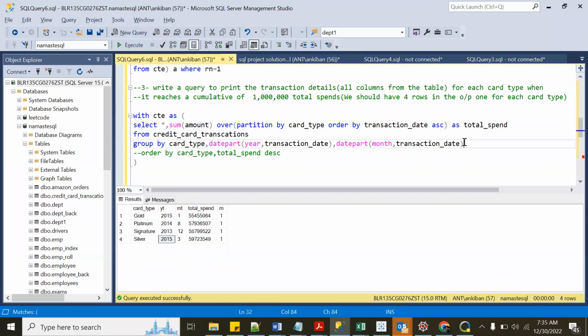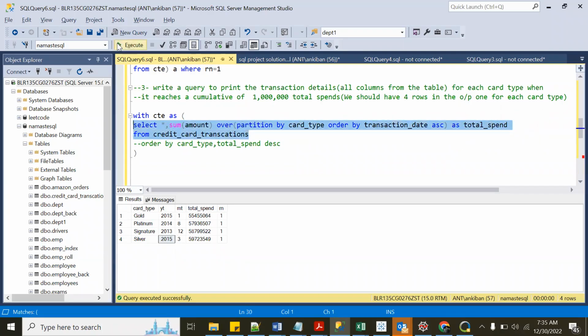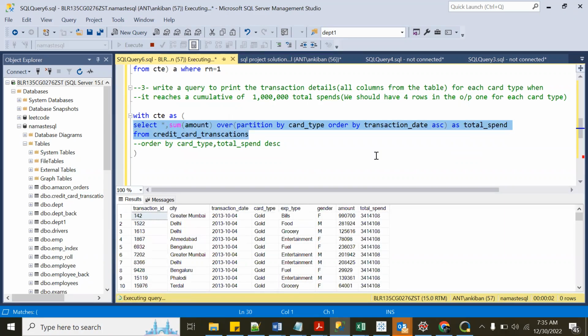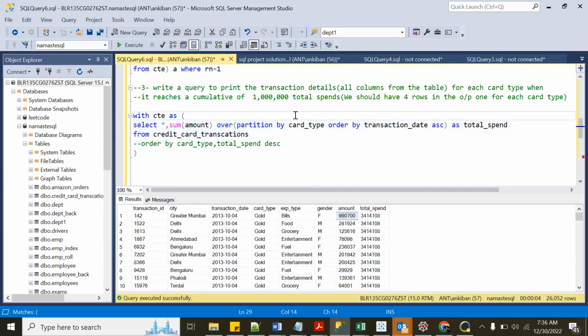Okay, let's run this. Okay, so what it is giving, basically it is doing a running sum, right? Sum amount total spend, why it is all same?